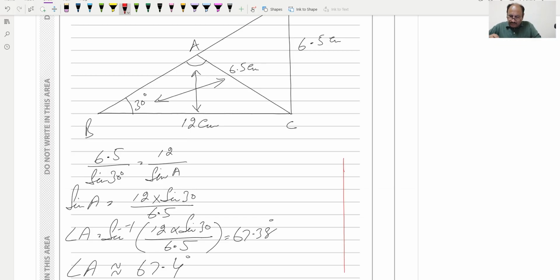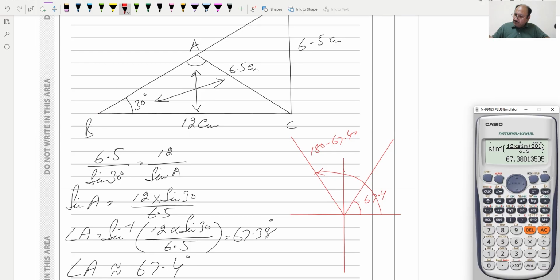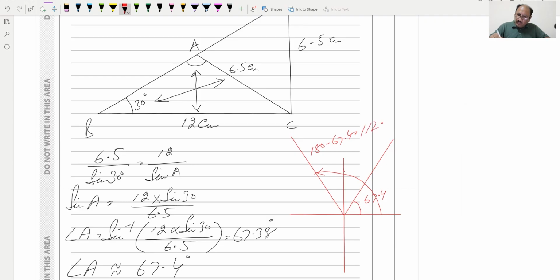So like for example, this is the quadrant, and sine will be positive in first quadrant, which we got 67.4, and roughly say this is 67.4, and sine other one will be here, and the other angle will be starting from here to this one will be 180 minus 67.4, and this will be equal to 112.6 degrees.